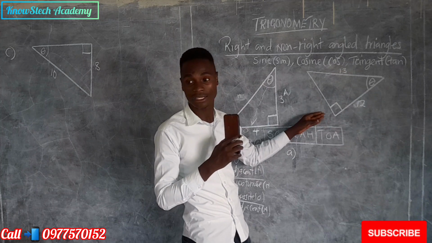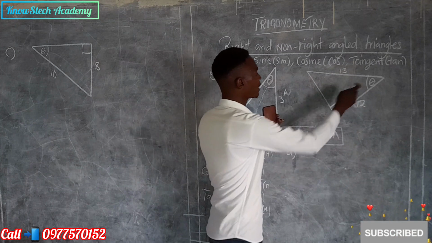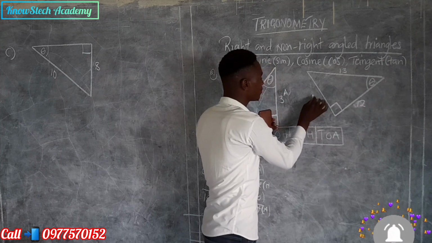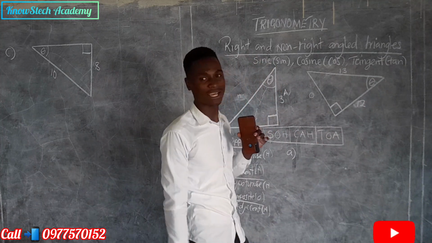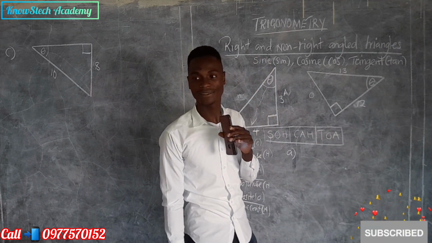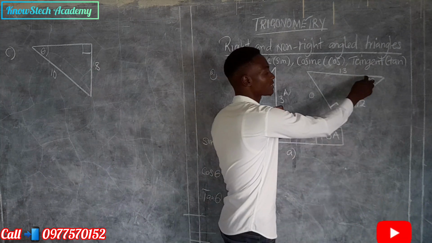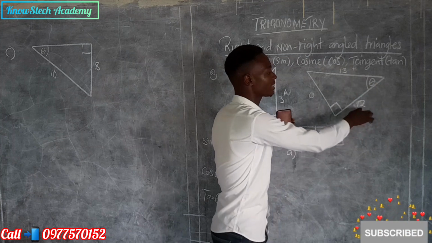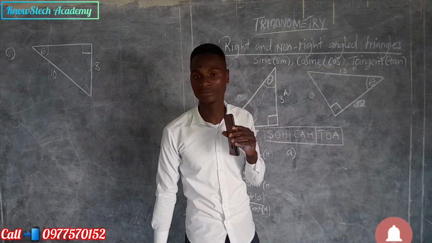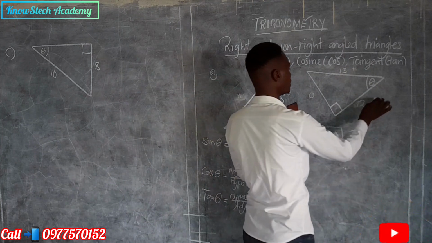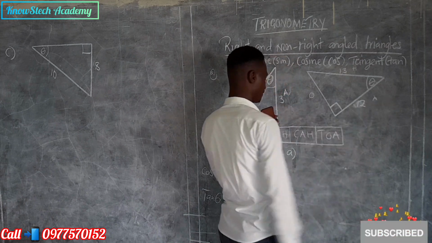So here, which one will be the opposite? This side, because the angle is on this side. Which one is the hypotenuse, 12 or 13? 13 is the hypotenuse, so this is H. Then the remaining 12 is adjacent. Very good.